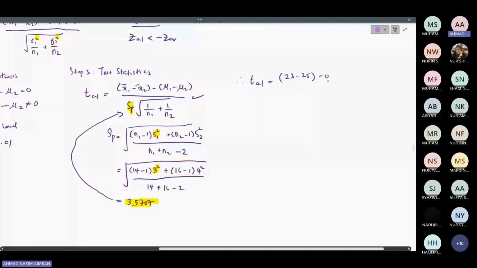What is our Sp? It is 3.5707 times the square root of 1 over n1, which is 14, plus 1 over n2, which is 16. So what is the T calculated?